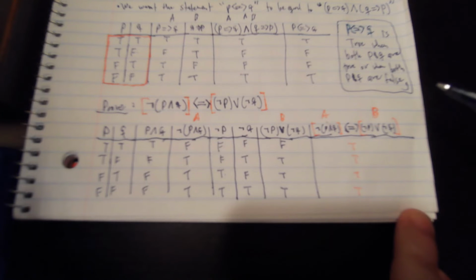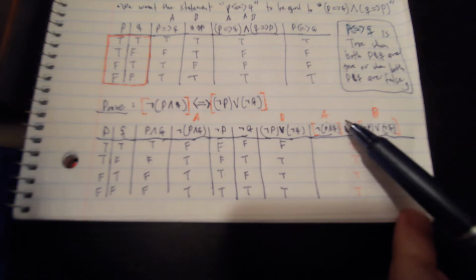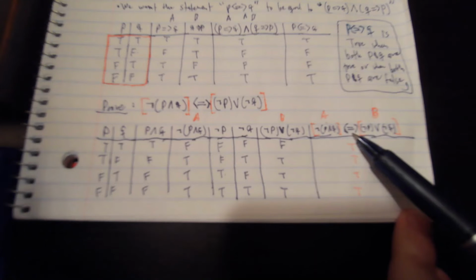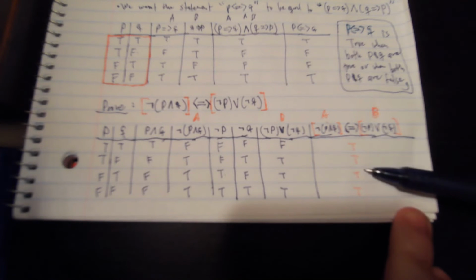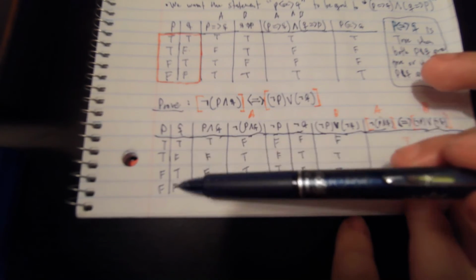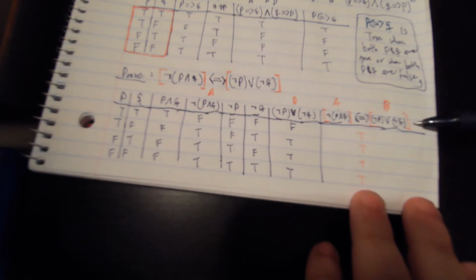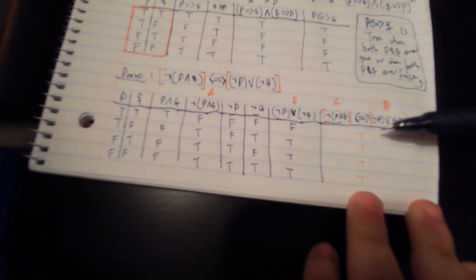More than that, we're saying that the statement not P and Q, if and only if, not P or not Q, is always true. No matter what, P could be true and false, Q could be true and false independently of each other, and yet we figured out a statement that never fails to be true.